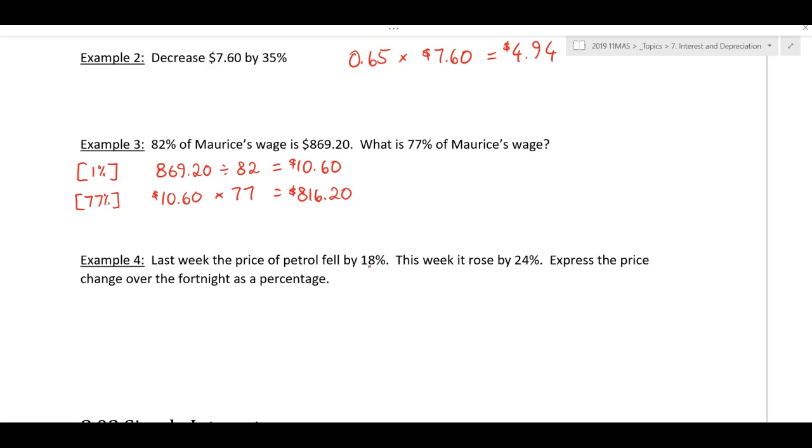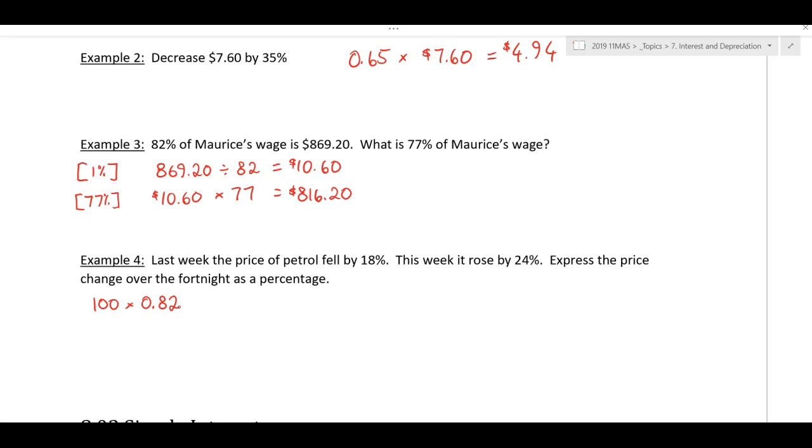So when it goes down by 18%, I have 82% left. So let's say 100, we won't put the dollar sign in, times 0.82. That tells me how much it cost to fill my car after the price went down by 18%. Now I could press equals, but we don't have to.